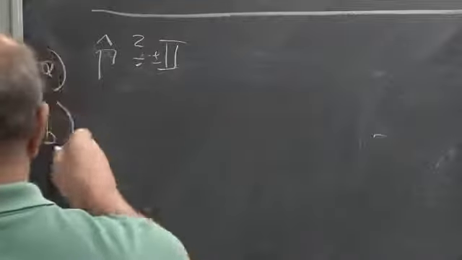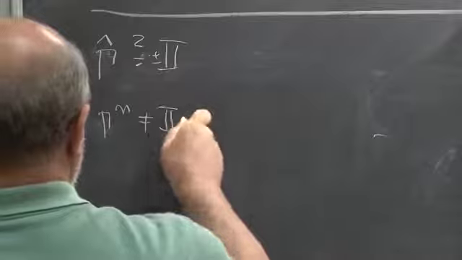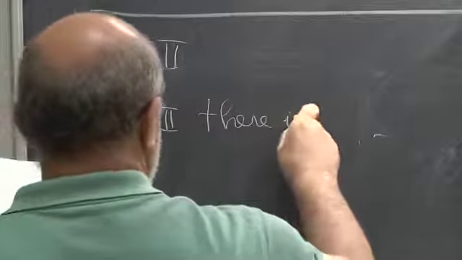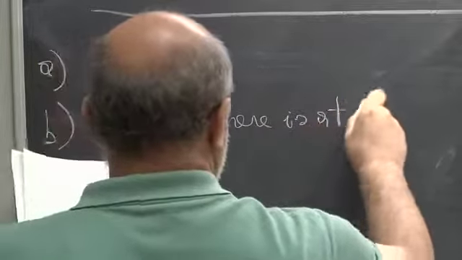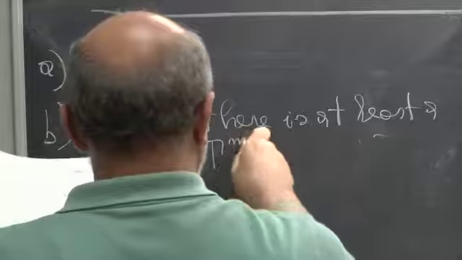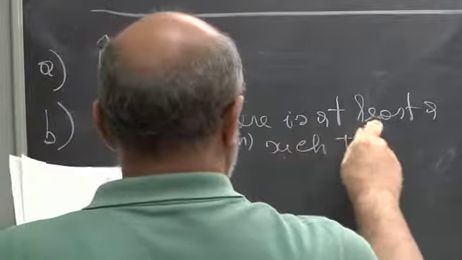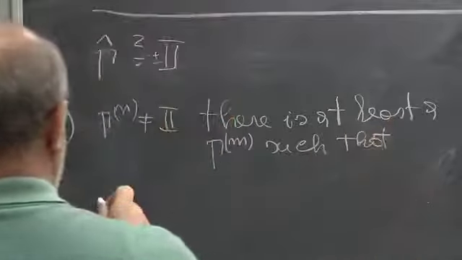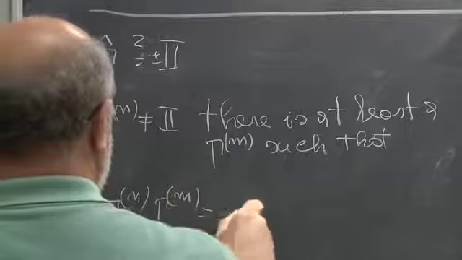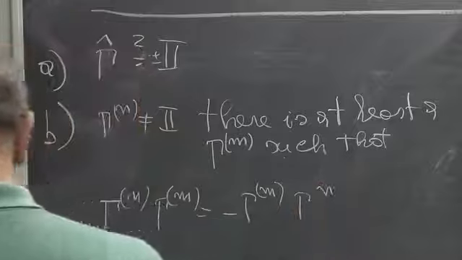And B, that given a gamma n different than the identity, there is at least a gamma m such that gamma n gamma m is equal to minus gamma m gamma n.